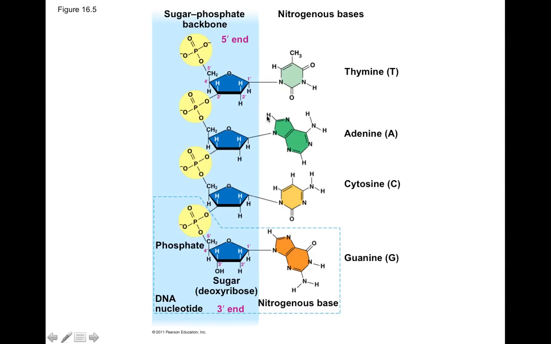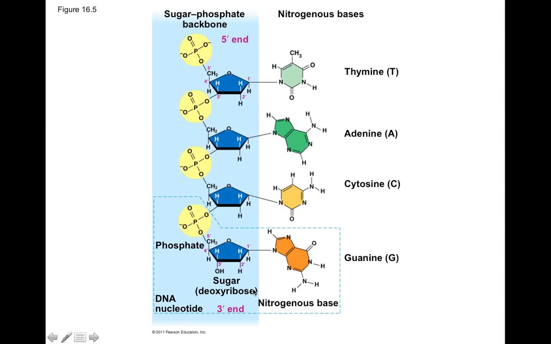That's to say we can have pyrimidines, a long word meaning small molecule, or purines, a small word meaning big molecule. So either one ring or two rings, and those are our nitrogenous bases.